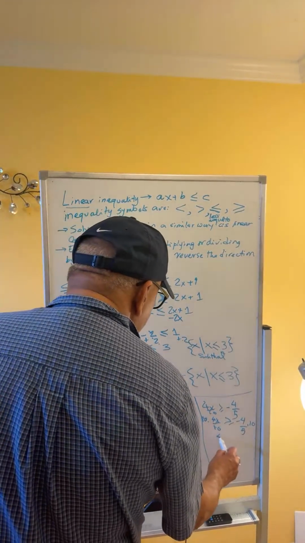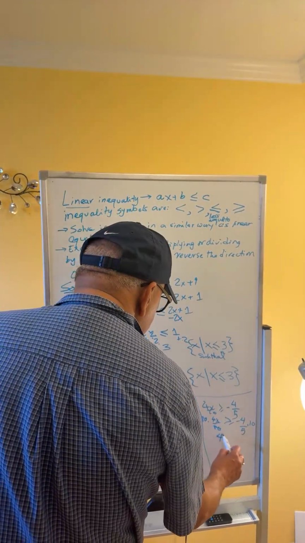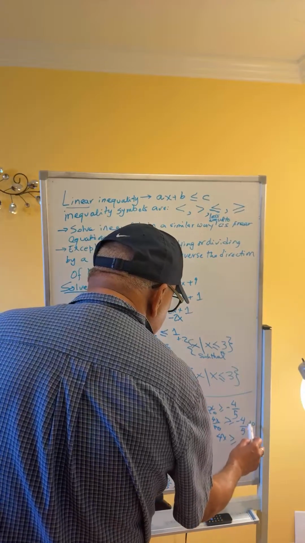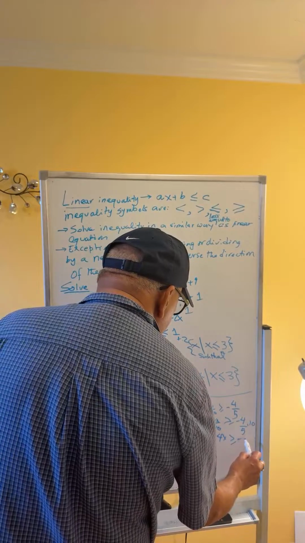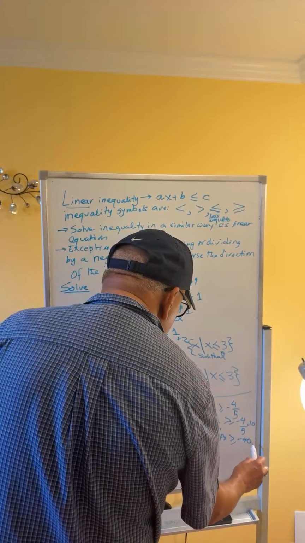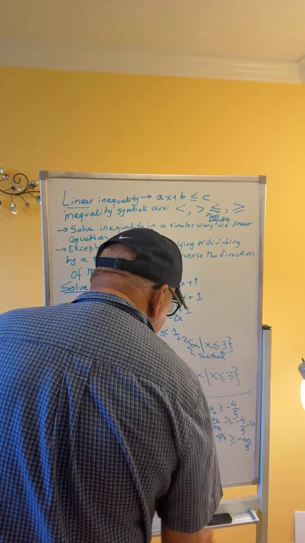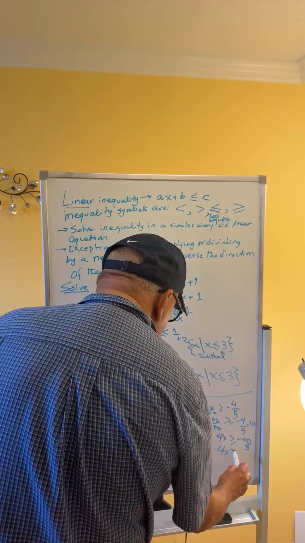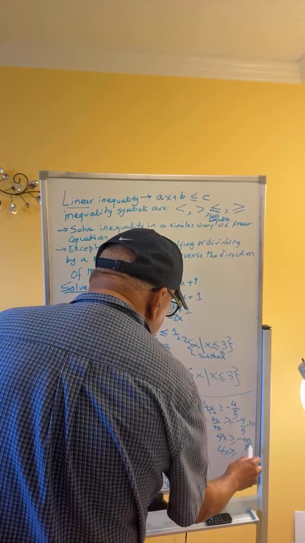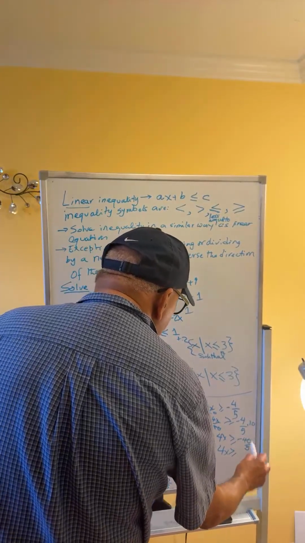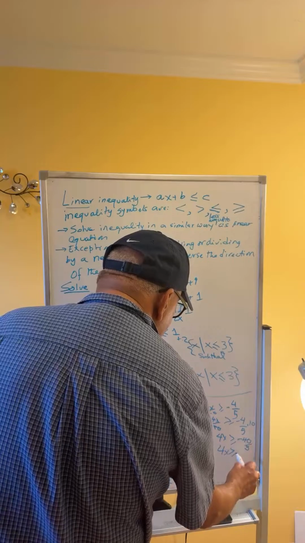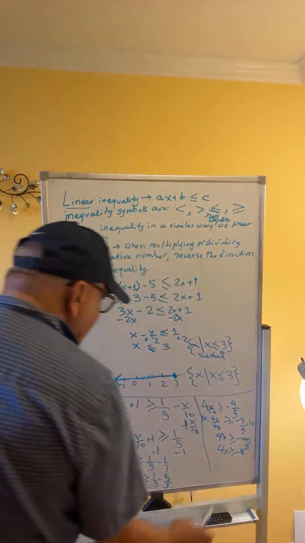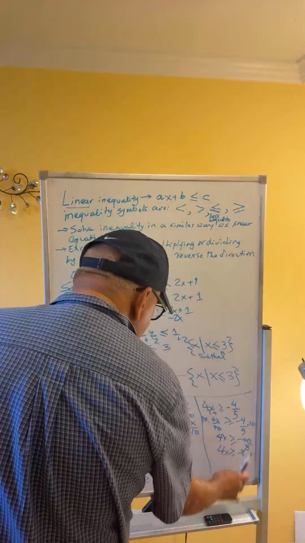So I have 4x, the 10 cancels out, greater equal to minus 4 times 10 is 40, minus 40 divided by 5, or 4x greater equal to, now 5 goes into 40 8 times, but we have a negative sign, so 4x greater equal to minus 8.